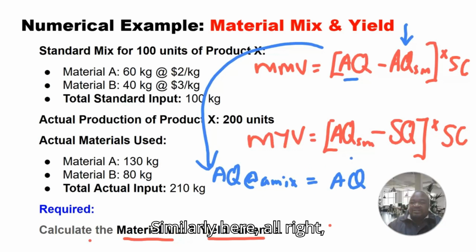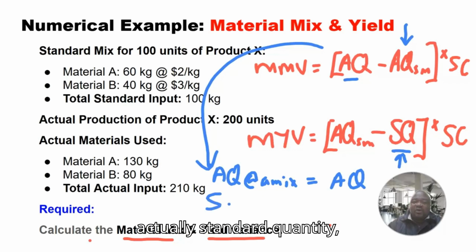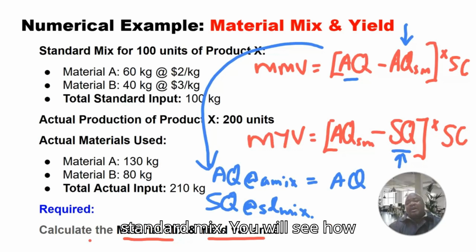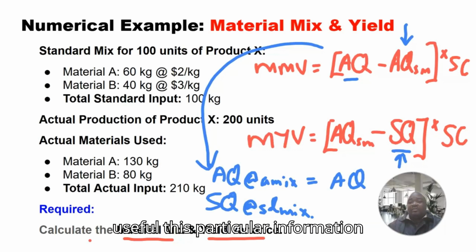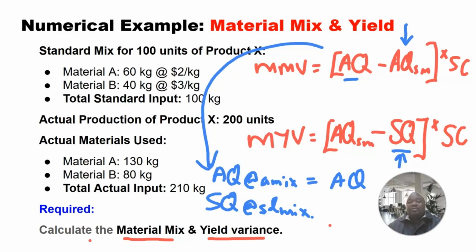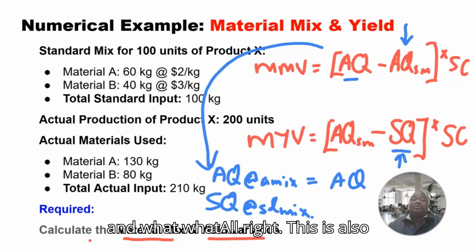Similarly here, for this SQ, the standard quantity is actually standard quantity at standard mix. Standard quantity at standard mix. You will see how useful this information is when we do the computations, because sometimes you will be confused to say, oh man, what SQ are we looking at? This is also important.